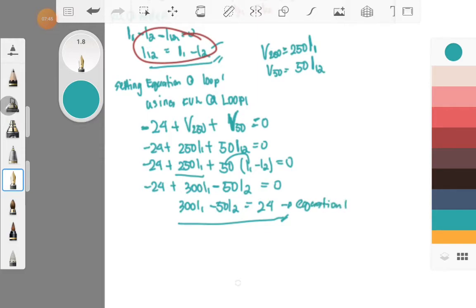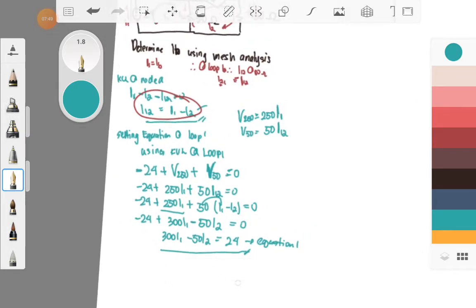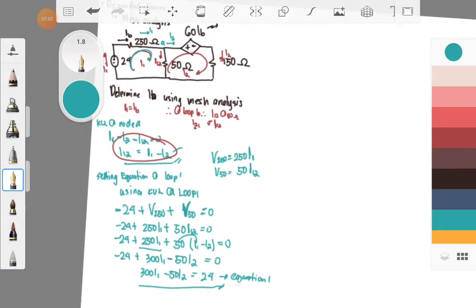By inspection, as I have said in our previous videos, you can actually find the value of your equation easily by inspecting. I always say that if your resistor is connected in the whole loop, you just add it and use the current of the loop you are using.